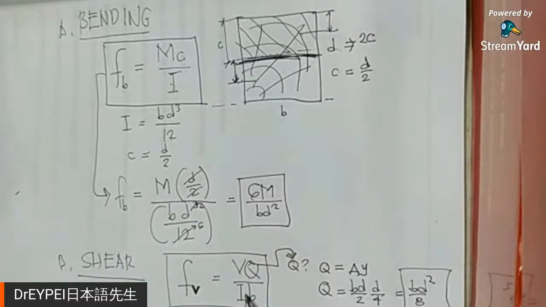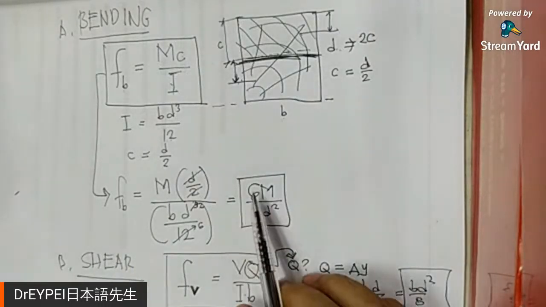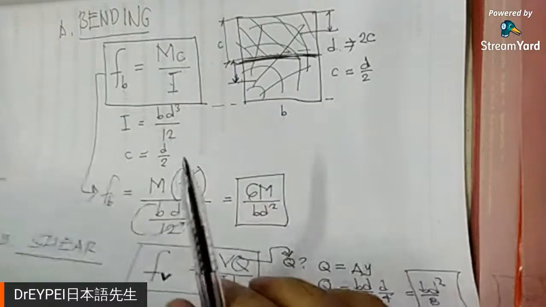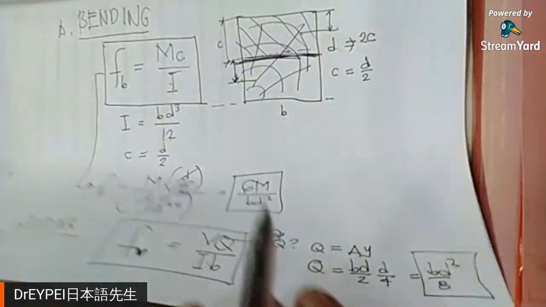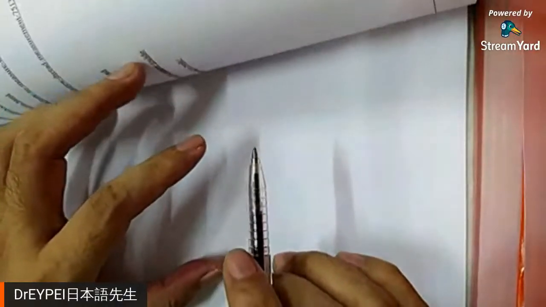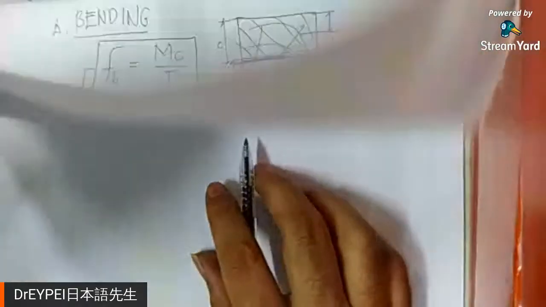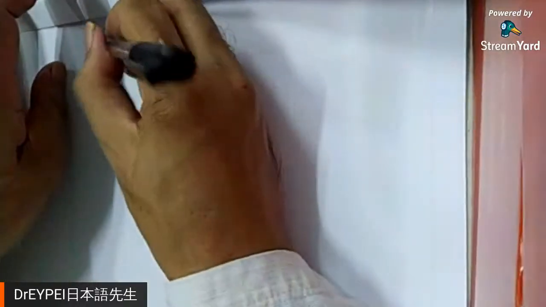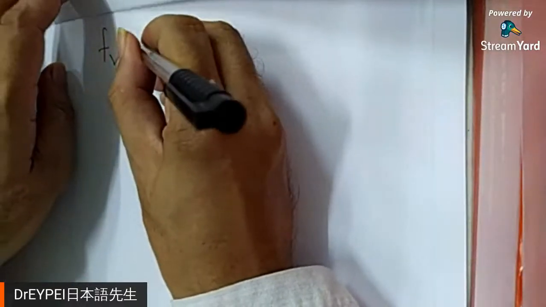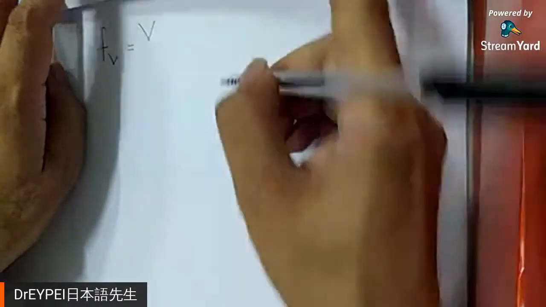Now, if we substitute this here, and substitute the value of I here and simplify. Let us write it down here. So FB is equal to VQ.